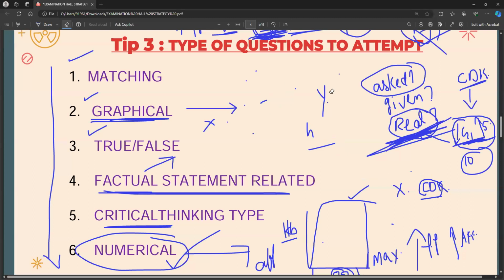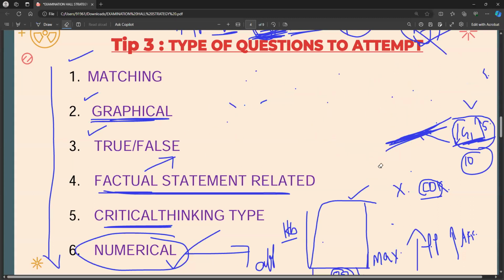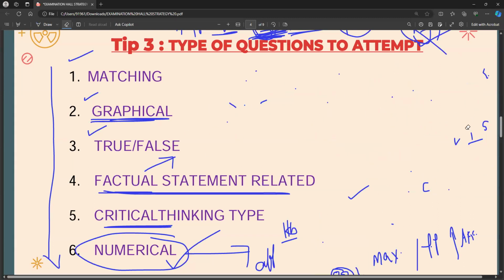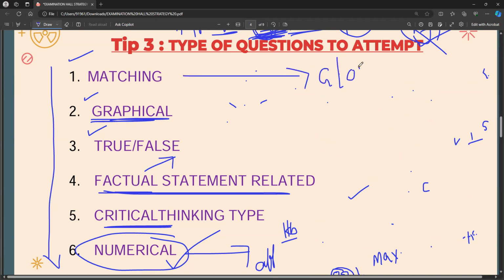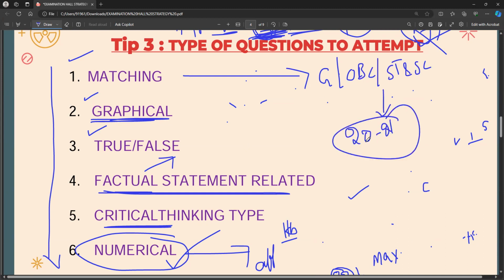Now, again, the greatest advantage for every category student is this. I have told all of you very clearly, whether you are a general category, OBC, ST or SC student, your ultimate goal in Part C is minimum 20, maximum 21 correct.